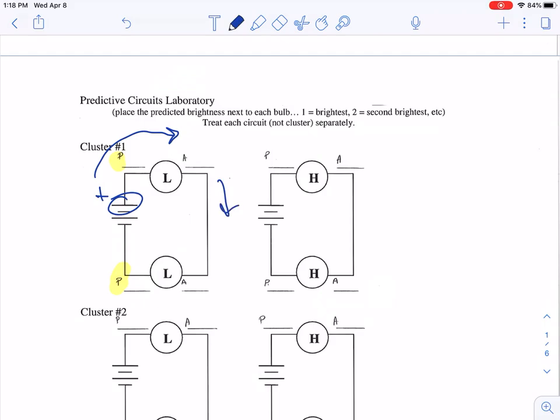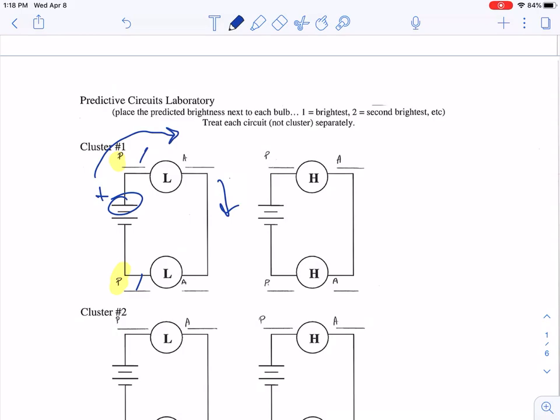What I want you to do is predict what's going to happen to the bulbs. If you think this first bulb is going to be brighter than the second one, then you're going to write 1 and 2. If you think they're both going to have the same brightness, then you would write 1 and 1.